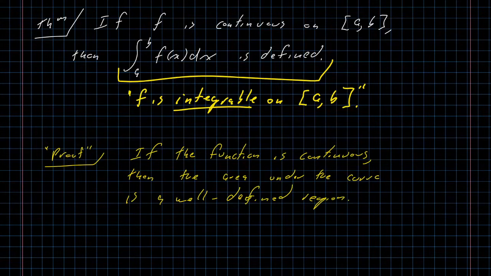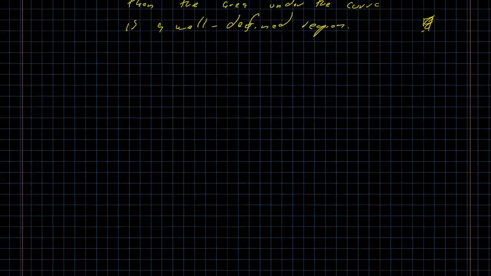If the function is continuous, then the area under the curve is a well-defined region. You should be able to use a continuous curve as the top, draw straight lines on the bottom and on the sides, and get the area of a well-defined region. So not quite a proof, but a good idea on how to get there.